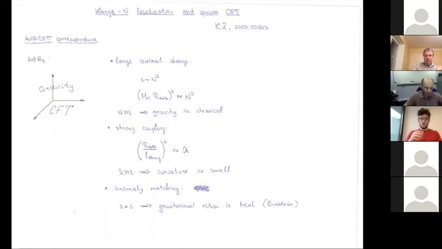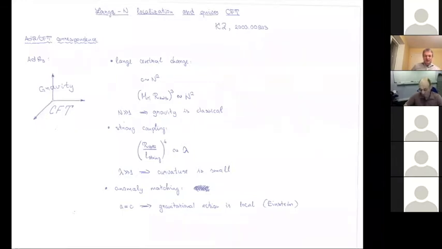I will be talking about holography for conformal theories, so it is CFT. In the simplest setting, it postulates the equivalence of a CFT on the boundary of anti-de Sitter space to gravity in the bulk.